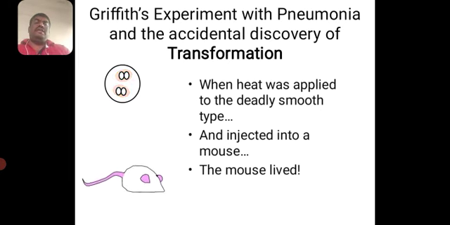Because of the heat killing, the antigenic property, or the production of a capsule, gets lost. So this heat killing denatures the virulence of the smooth strain. So after injection of such a strain, the mice do not get killed; they remain alive. This was the third step in his experiment.